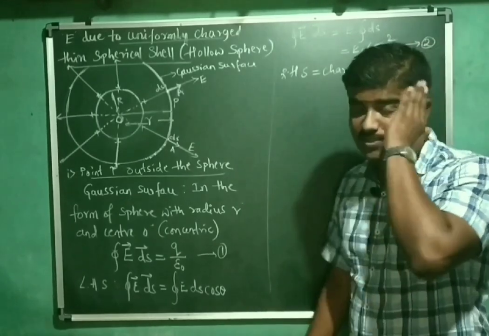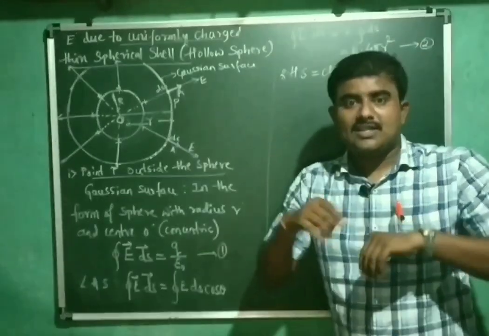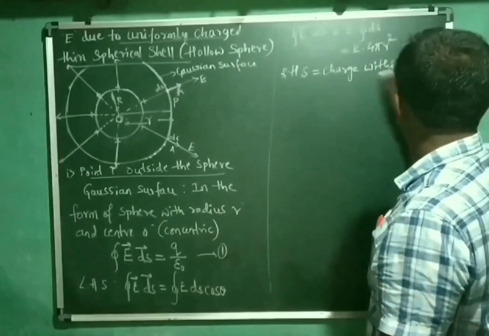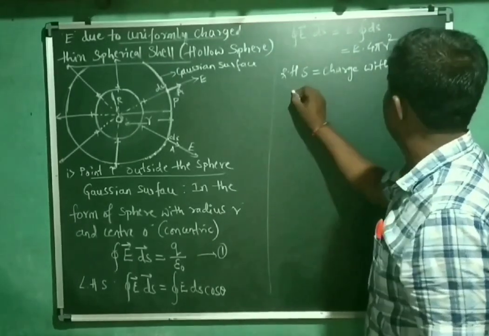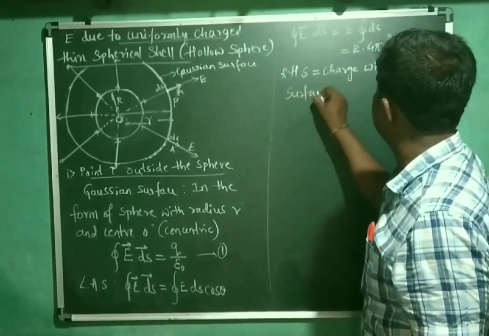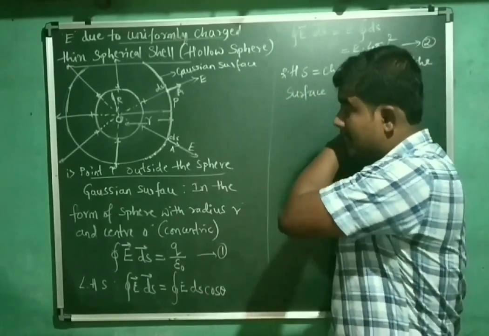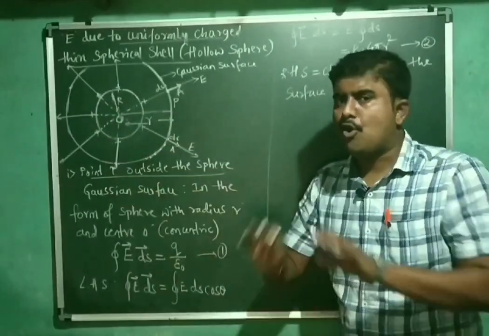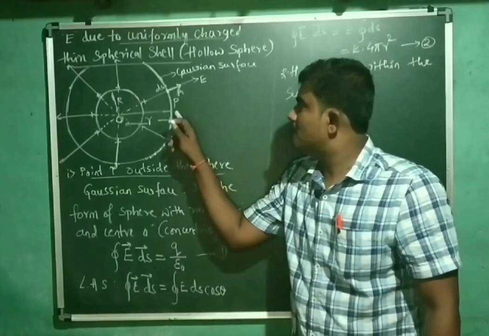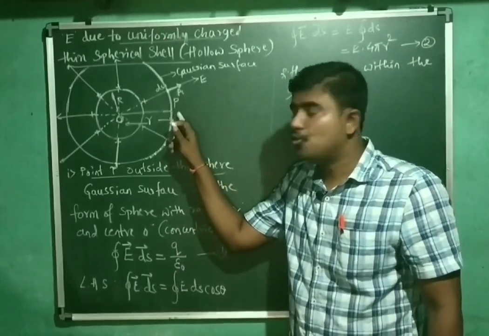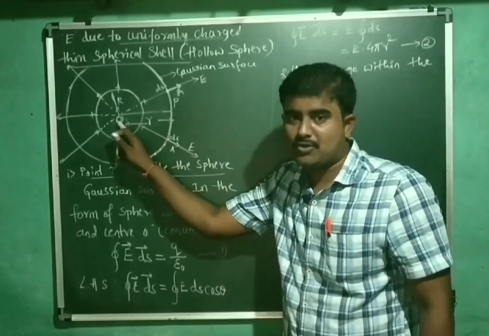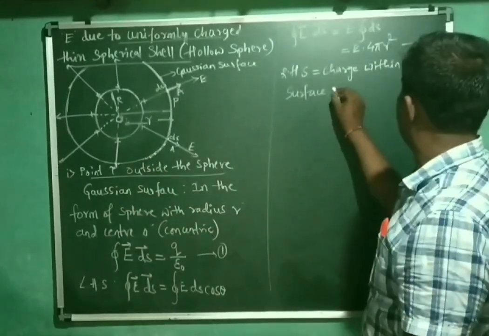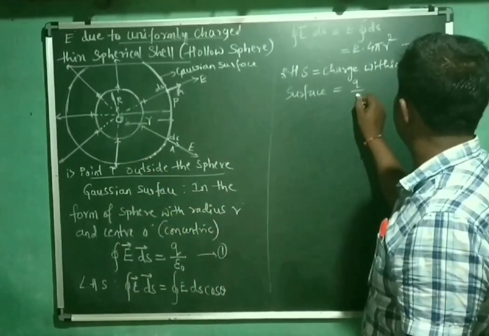Because it is a Gaussian surface, we are supposed to find out the charge within the surface. There are many charges actually, but if I observe from this location, they appear to be coming from the center. Therefore it is Q divided by epsilon naught.